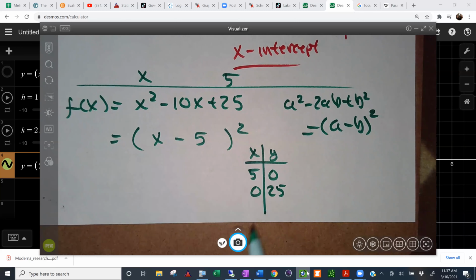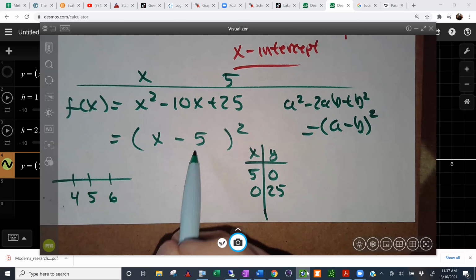You're going to need one more point. Choose something like 6 or 4 that's close to the x-intercept or the vertex. Perfect. Thank you, Michael. So we're going to choose something that's close to the x-coordinate of the vertex. So x equals 6 or x equals 4.